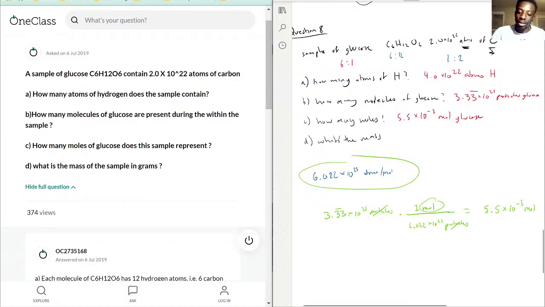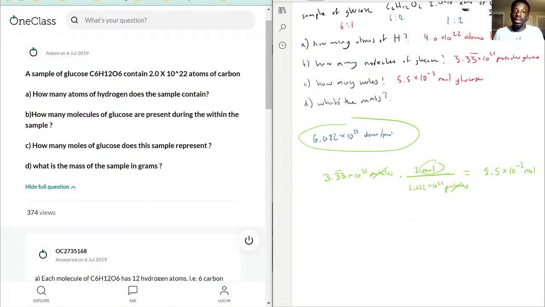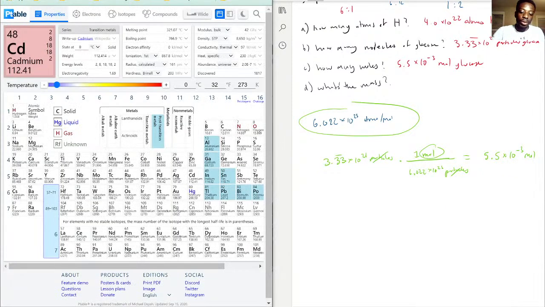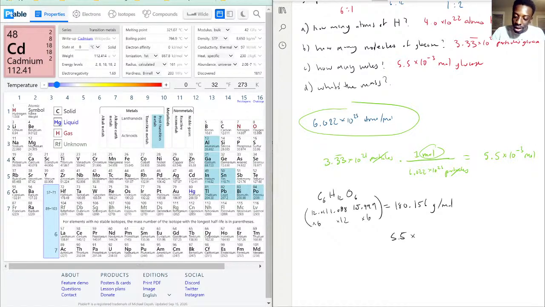So what is the mass of this amount? The way we find that out is relatively straightforward. We need the molar mass of glucose, which you can get by referring to your periodic table. So we take 5.5 times 10 to the negative 3 moles, multiplied by 180.156 grams per mole of glucose.